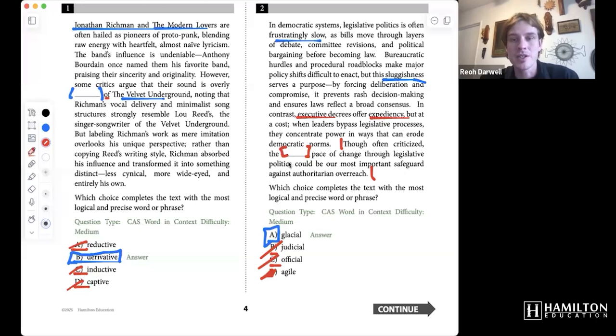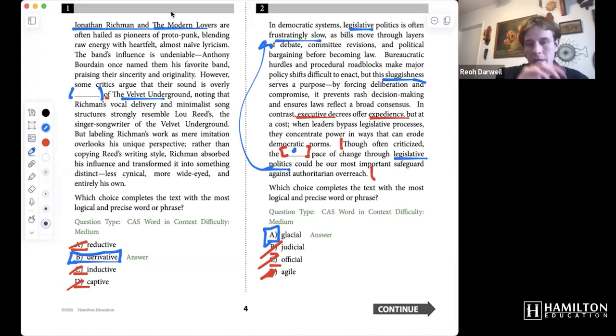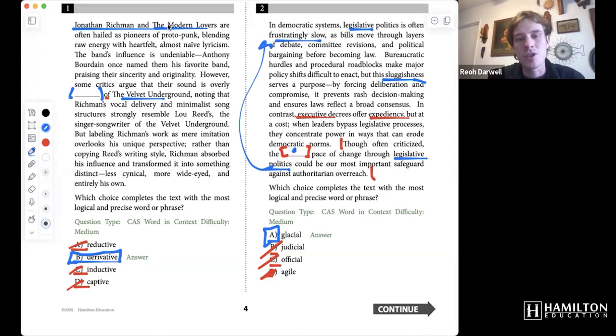But we're talking about the legislative politics, which remember is up here, is frustratingly slow. All right. So make sure you're reading the whole passage to see what is going to determine our word in the blank. All right. Glacial meaning slow. Even if you didn't know what glacial was, you should probably be able to get rid of judicial, official, and agile.